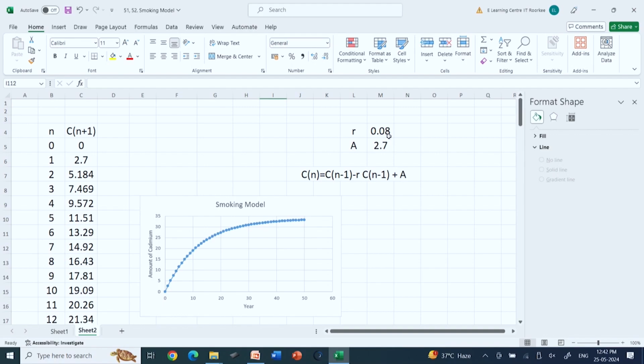So 1 minus 0.08, the modulus of that value will be less than 1, and hence this model is stable with these parameter values, and you get a graph like this.